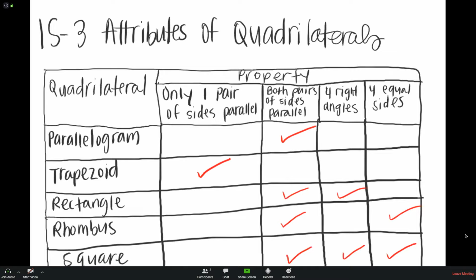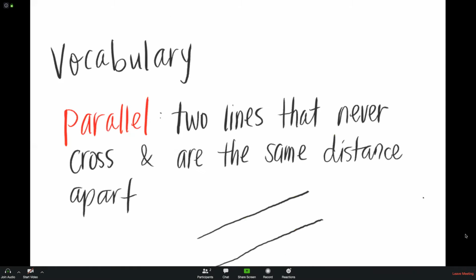So that means that the opposite sides are parallel, but they're all also equal in length. And a square has both pairs of sides parallel, has 4 right angles, so 4 90-degree angles, and 4 equal sides. So now let's talk about the word parallel.